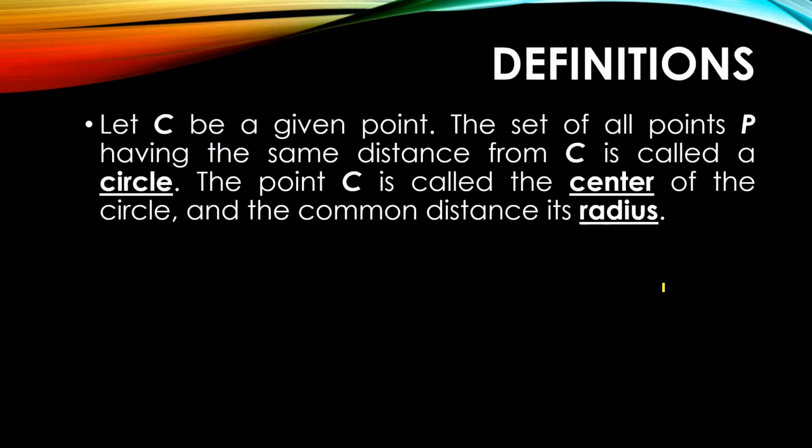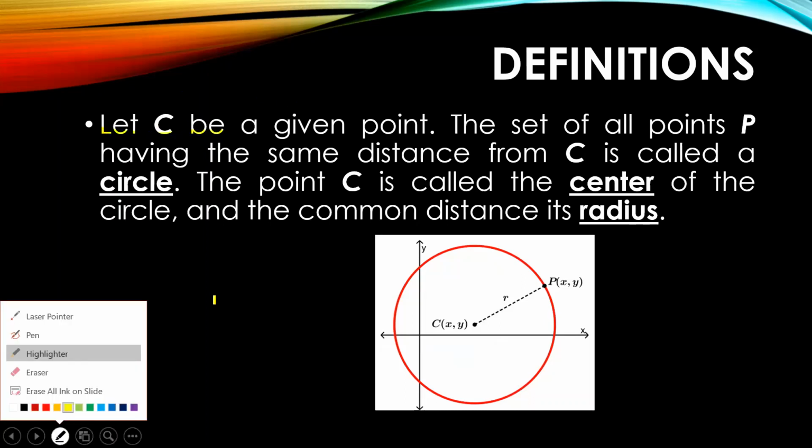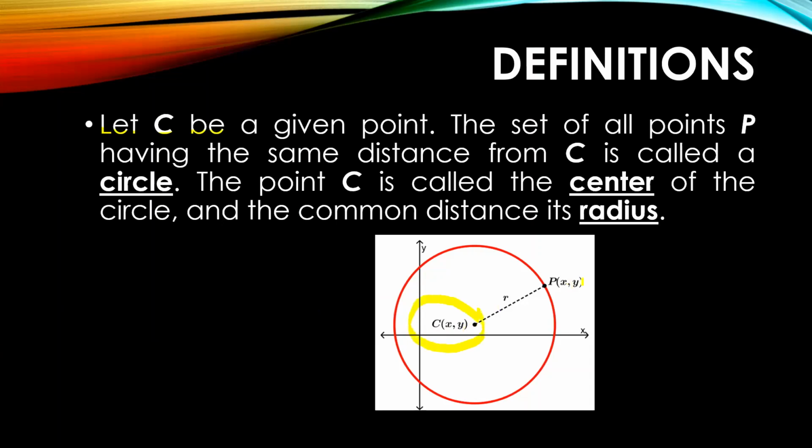Next, we have the definition of a circle. Let C be a given point. The set of all points P having the same distance from C is called a circle. So this is the C and this is the point P. P here is the ordered pair x and y.